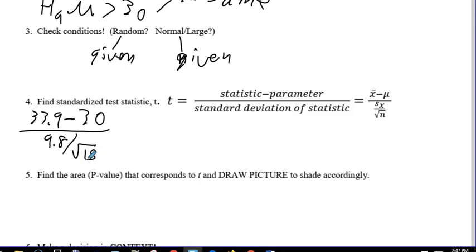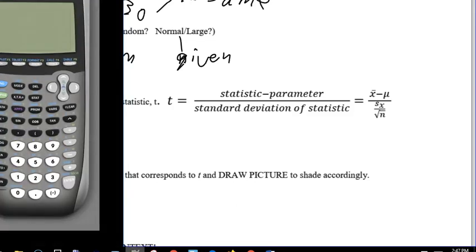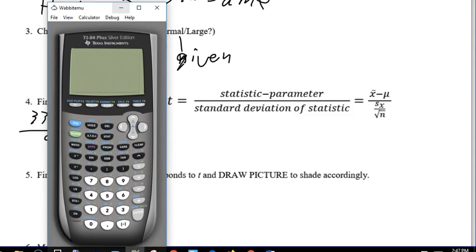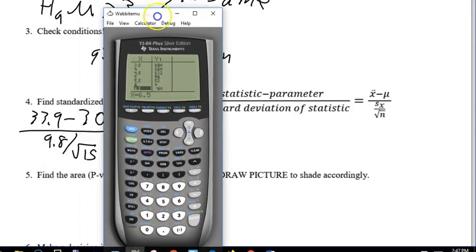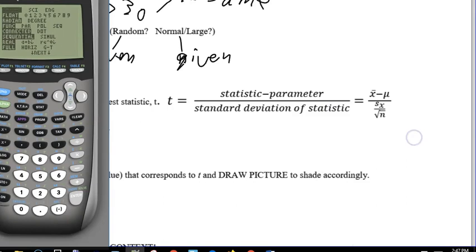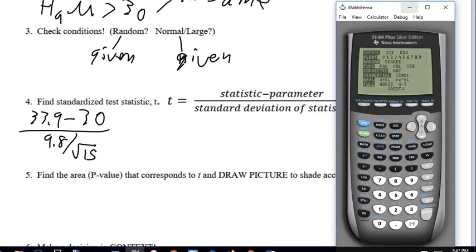So we take our handy dandy calculator. Okay, there we go. Make sure it's turned on. Come back here. Come on. Stay here. Be a good calculator.